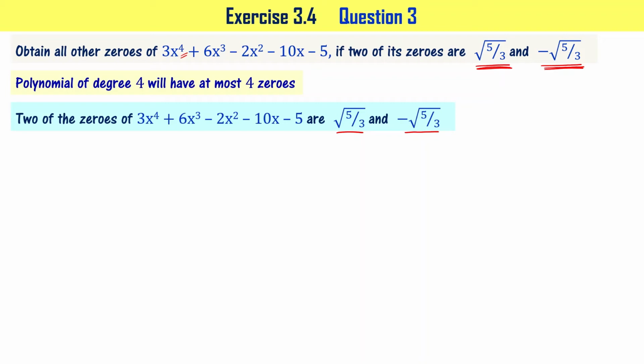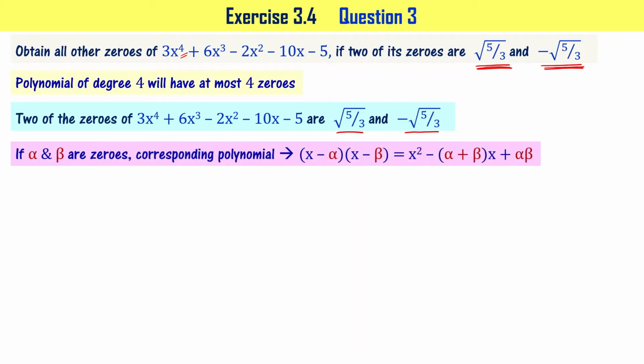For example, if you are given 2 zeros, such as alpha and beta, the corresponding polynomial can be written as x minus alpha times x minus beta, right? So when you multiply these two, you get a quadratic polynomial, that is x square minus alpha plus beta times x plus alpha beta, right?